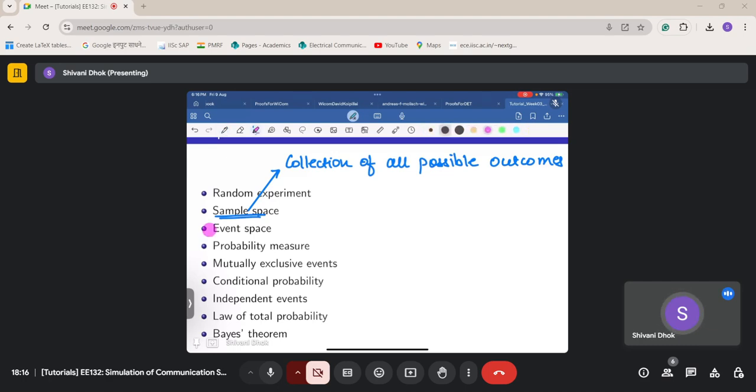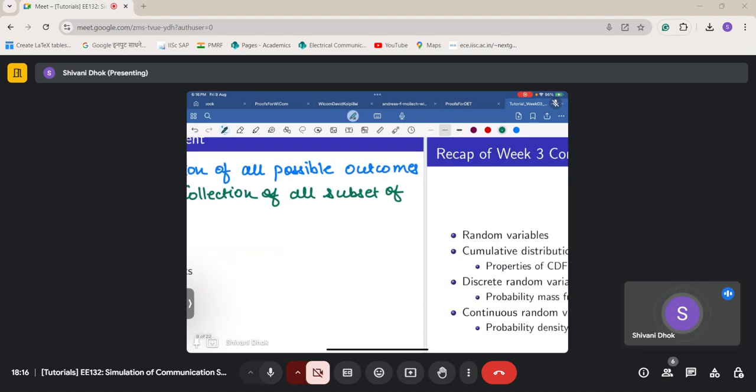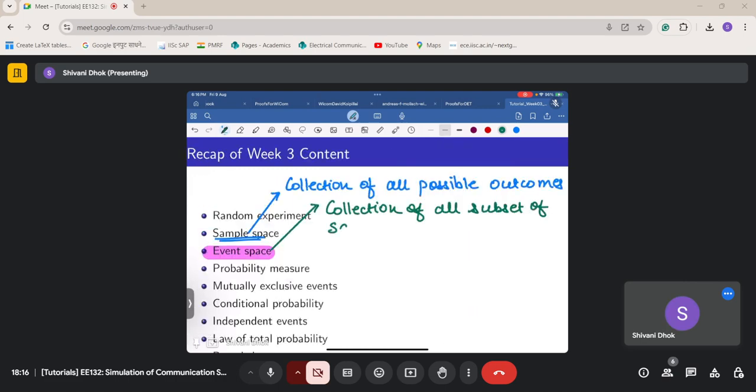After that, there is a concept known as the event space. This event space is a collection of subsets of the sample space, and in this your null set should be in it.